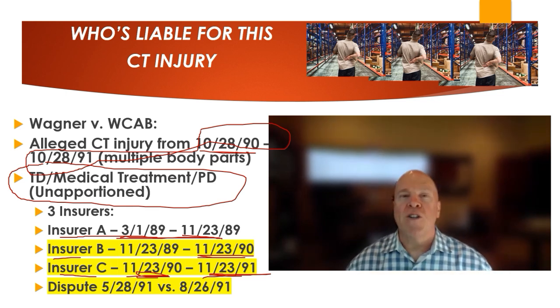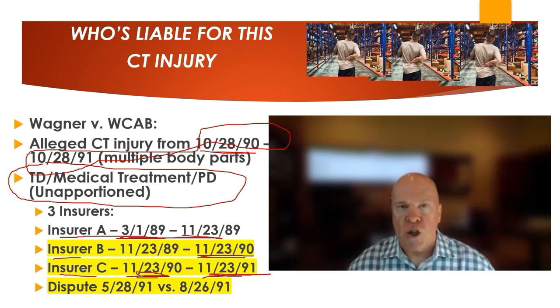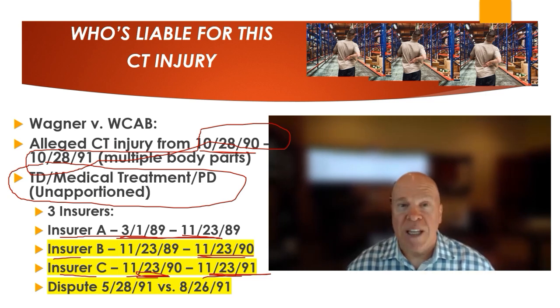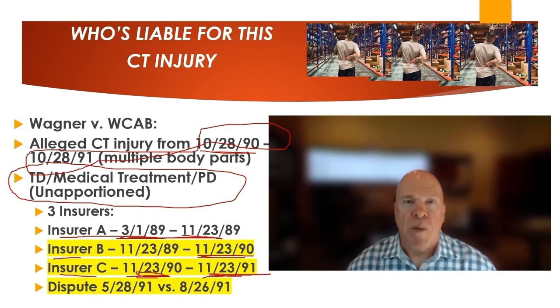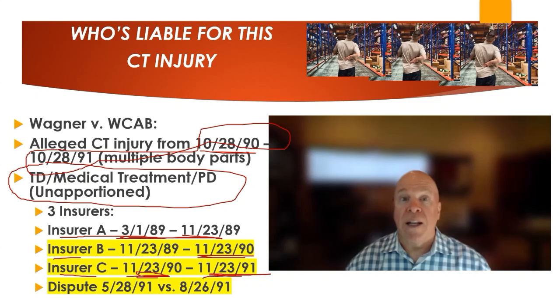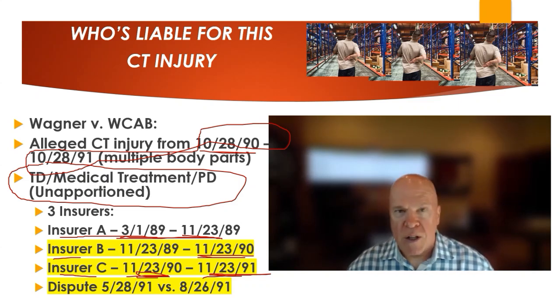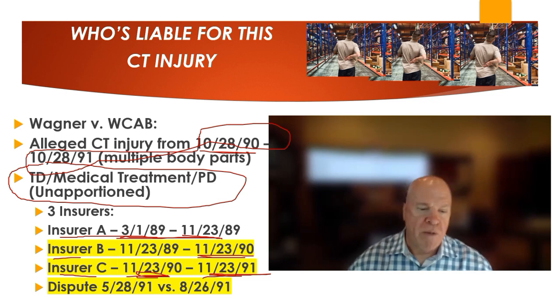I think you can imagine that each of these insurers is going to try and drop the hot potato into the lap of the other and try to establish that the majority of the period of exposure was on the other party, okay? So I'm sure you can see how these disputes could unfold.